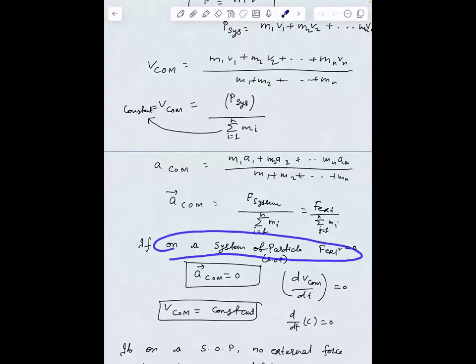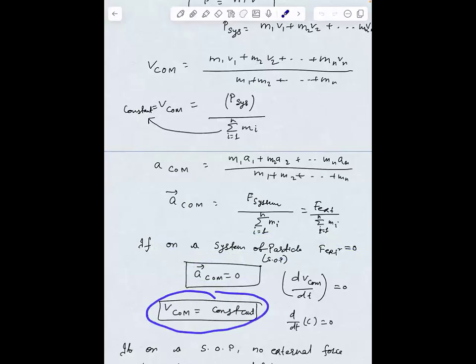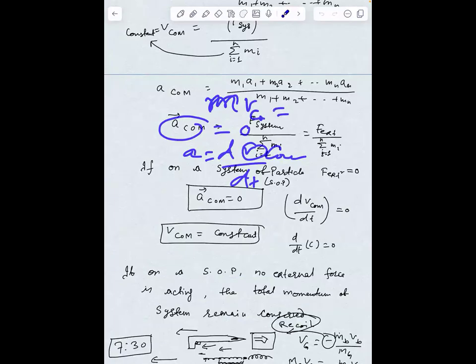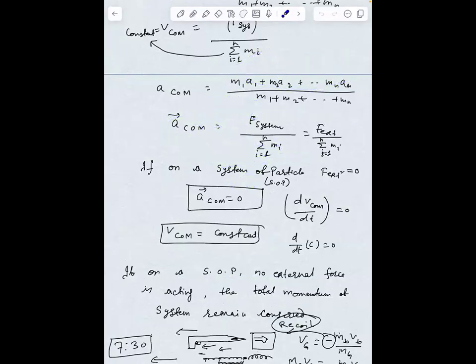Then the acceleration of the center of mass is zero and its velocity is constant. So for a system of particles, if no external force acts on it, the momentum of the system remains conserved. Why? Because acceleration, which is dv by dt, is zero, so V is constant, and M into V center of mass is conserved. That means P initial is equal to P final. This is known as conservation of linear momentum.